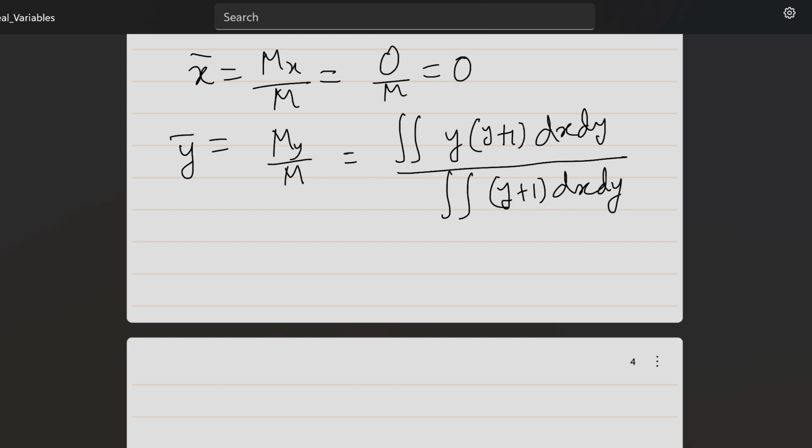The limits are the same as I told: x is from minus y to y, y is from 0 to 1, and here also x is from minus y to y, y is from 0 to 1. So let me calculate My and M one by one.